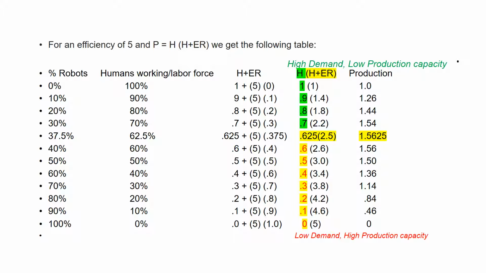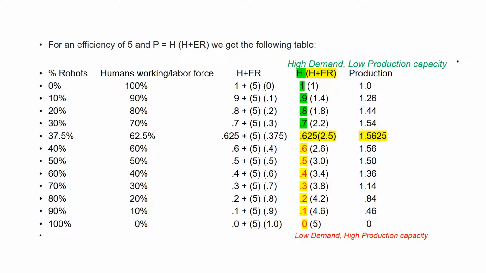We reach the optimum production of 1.5625 when 62.5% of the population is working and the production capacity is 2.5. The red numbers with yellow shading are the low demand section. The 0.6, 0.5, and 0.4 correspond to 60%, 50%, and 40% of available workers actually having a job.